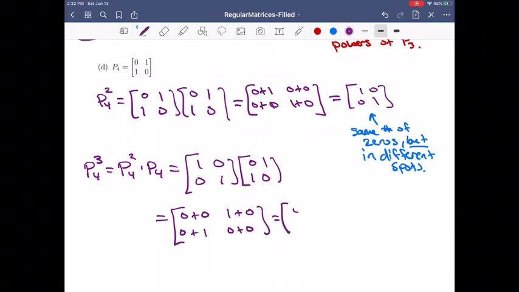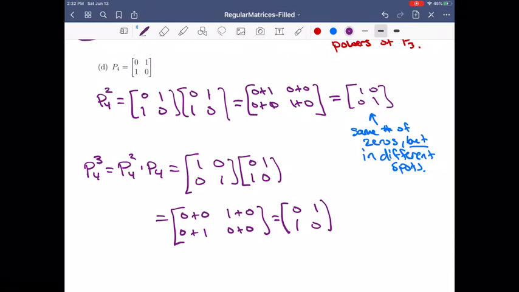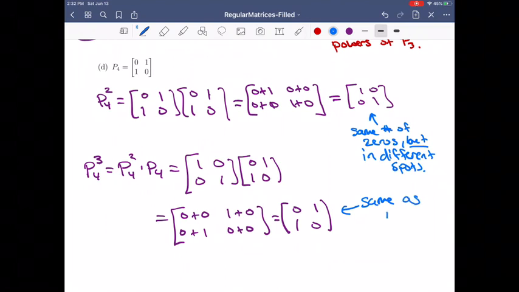Okay, so here I get 0, 1, 1, 0. Okay, so the cube is the same distribution, but it's actually identical. Okay, same as P4.